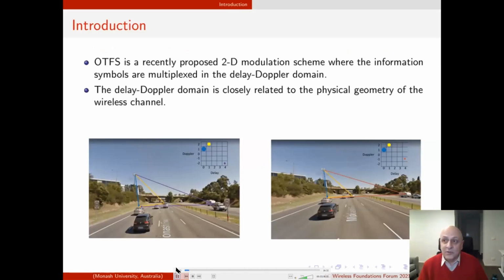OTFS is a recently proposed two-dimensional modulation scheme where the information symbols are multiplexed in the delay-Doppler domain. Now, the delay-Doppler domain is closely related to the physical geometry of the wireless channel.